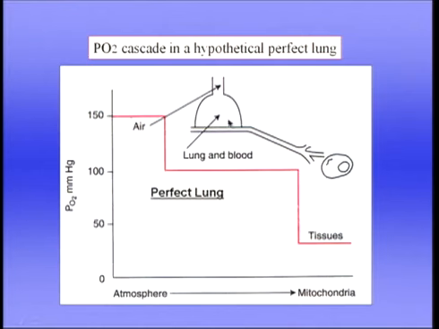Well, the reason for the PO2 of about 100 millimeters of mercury in the alveolar gas is that it's determined by two opposing factors. On the one hand, we have the continuous addition of oxygen to the alveolar gas by the process of ventilation.